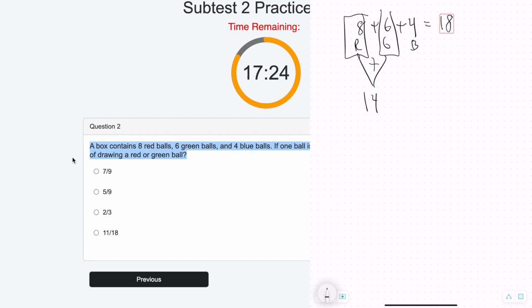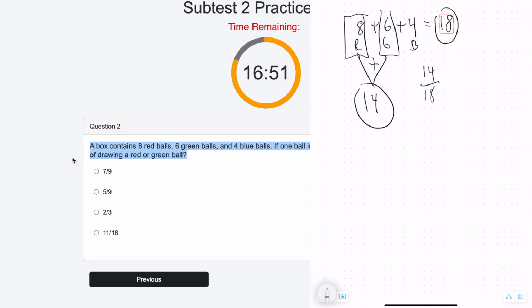So now what we need to do is calculate the probability. What we need to do is find the ratio of favorable outcomes out of the total. So we have 14 favorable out of 18 total. And in order to get this ratio, we will just put 14 over 18. So that's favorable over total.